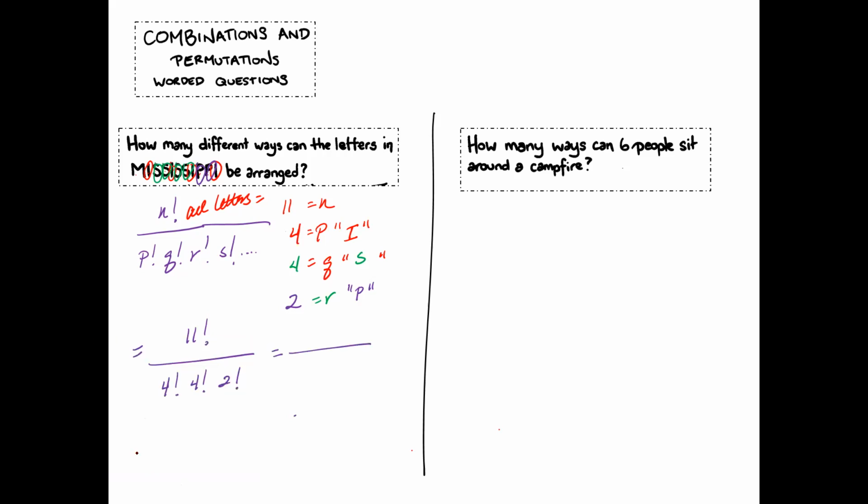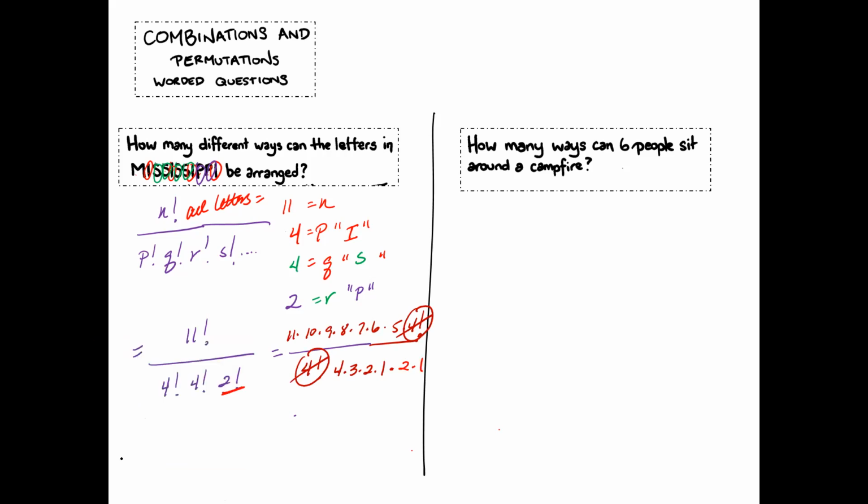Let's go ahead and extend this. So 11 times 10, 9, 8, 7, 6, 5 times 4 factorial, which I know is going to cancel from the numerator. And then you have 4, 3, 2, 1 times, extend your other 2 factorial, 2 times 1.